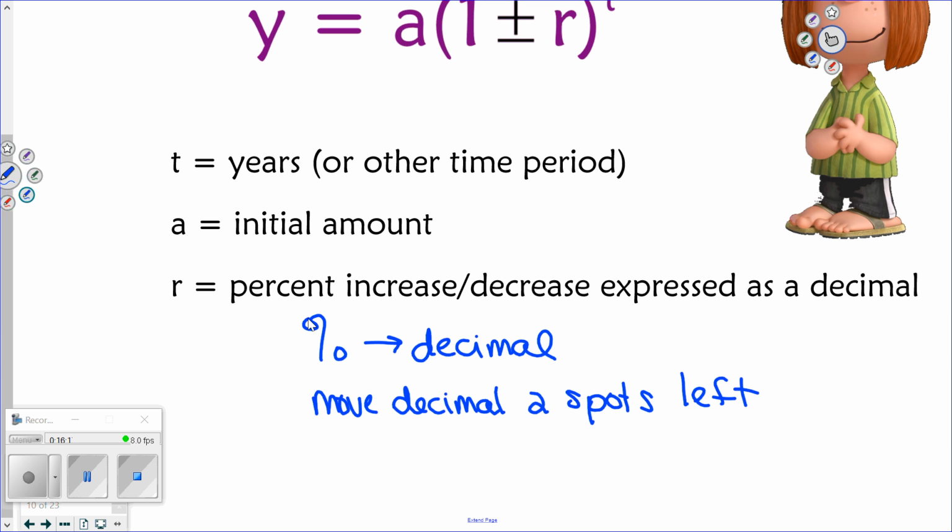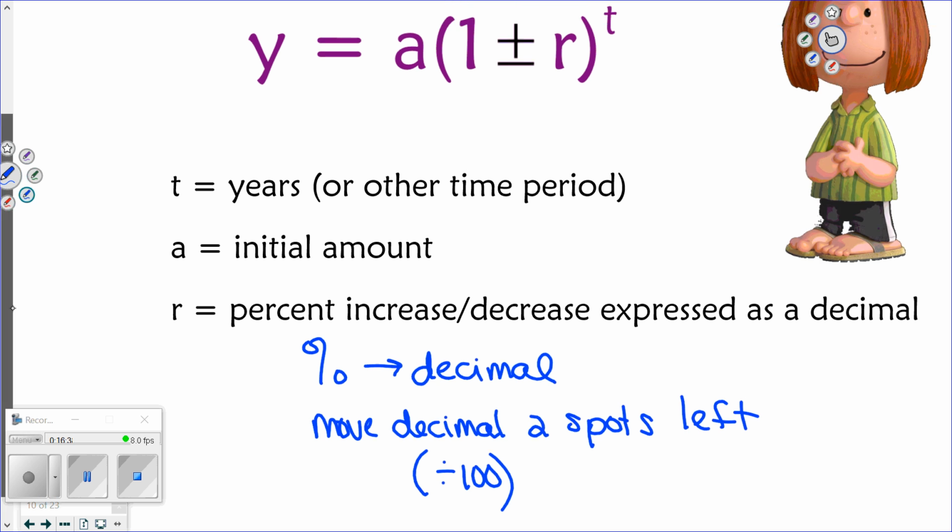You're dividing by 100. Dividing by 100 is what's moving it 2 spots to the left. So if I told you it was 2%, what's 2% as a decimal? 0.02. Good, because you have to move that decimal 2 spots, or divide by 100.